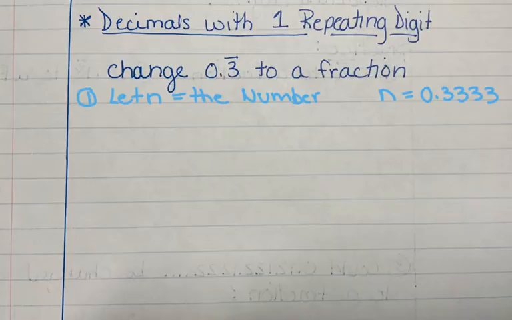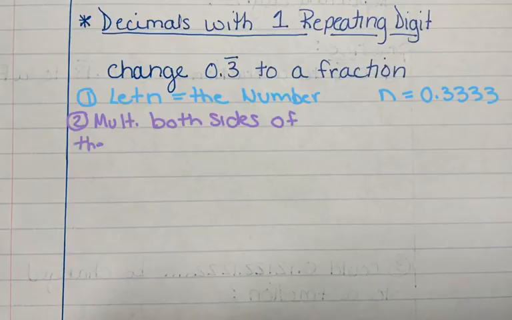Okay, step 2. We are going to multiply both sides of the equation by 10. Okay, so what I mean by that is over here, because it has n equals 0.3 repeating, that's an equation.